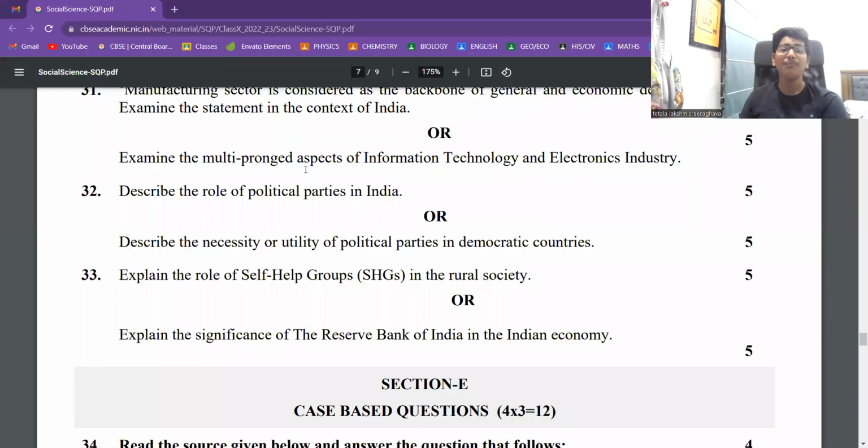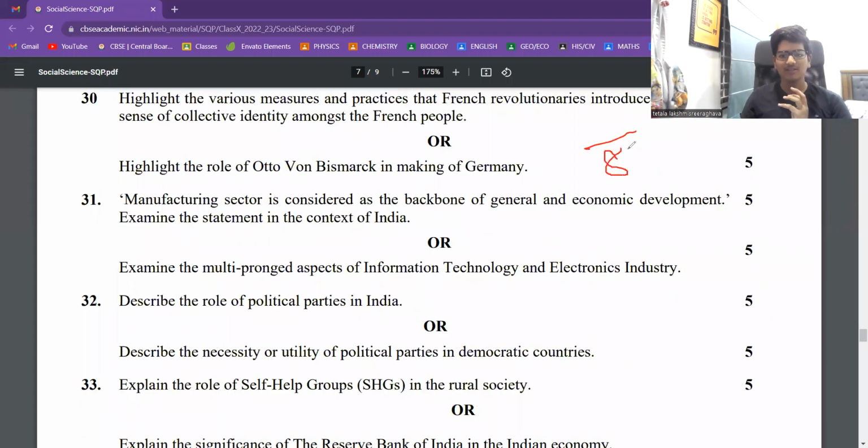So don't believe it. Complete both the chapters. Even though there are 21 chapters, I have to complete all the 21. We should not have any excuse. This is the board exam. But by chance, suppose the exam is for 80 marks, the globalization question is for 5 marks, and the print culture question is for 5 marks.